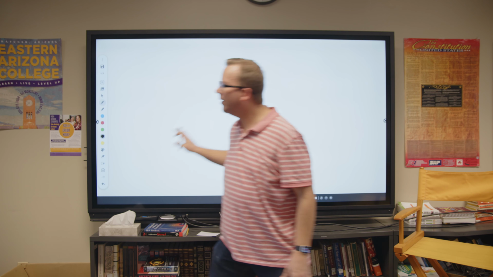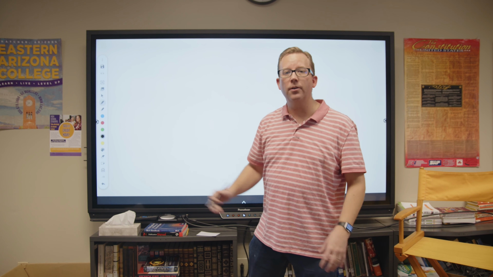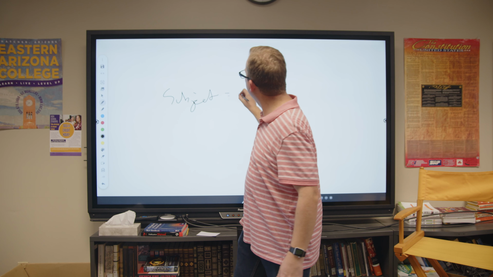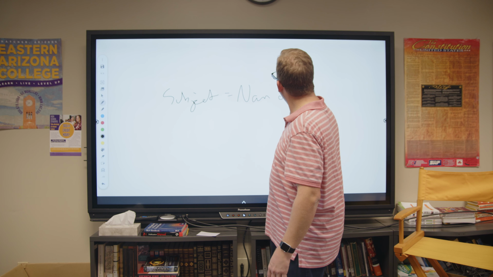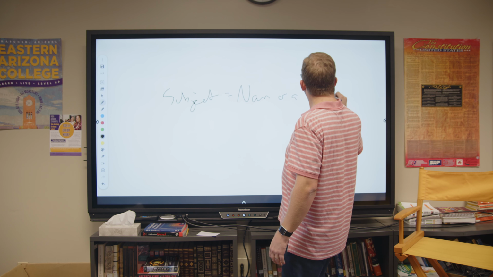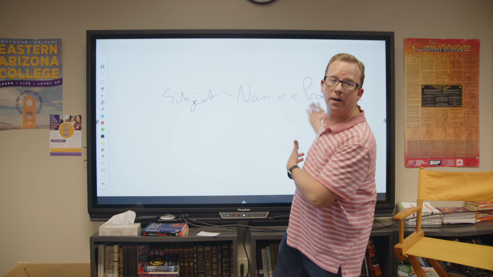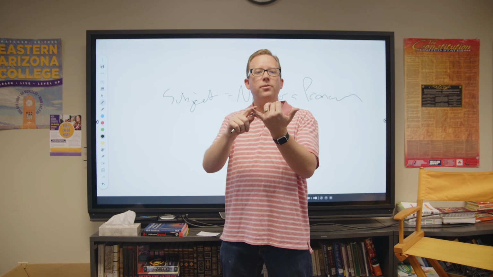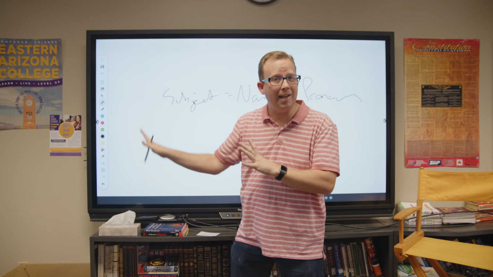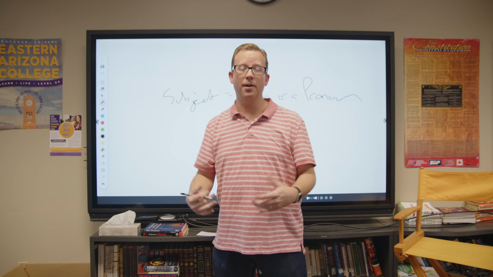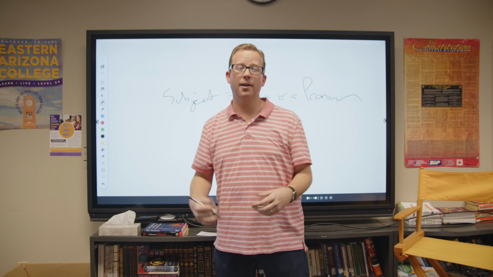Now, within this order, we have different parts of speech, and this is where understanding grammar really helps us out. So, what's a subject? Well, a subject is going to be a noun or a pronoun. Well, that's not going to make much sense to me unless I know what a noun or a pronoun is. Person, place, thing, idea, or concept, that's a noun. A pronoun is kind of a placeholder word. In most cases, that's going to basically represent a noun, so we don't have to say its name over and over again.